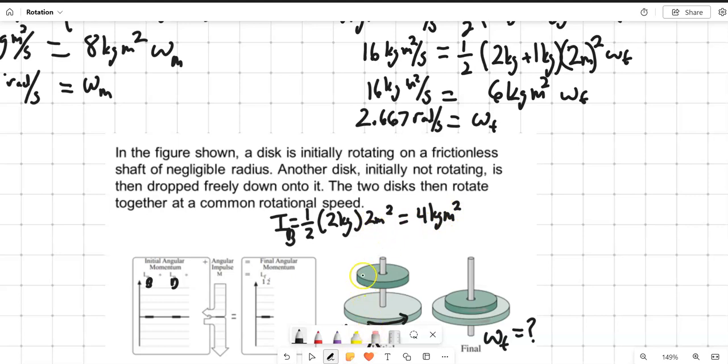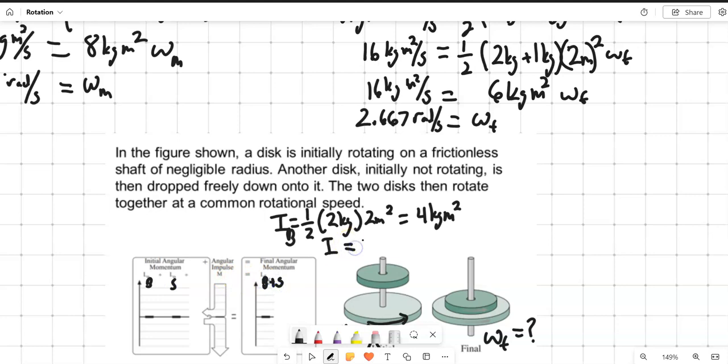And so this big disk is spinning, and the smaller disk, we'll call this small disk with an S. So this is big plus small.